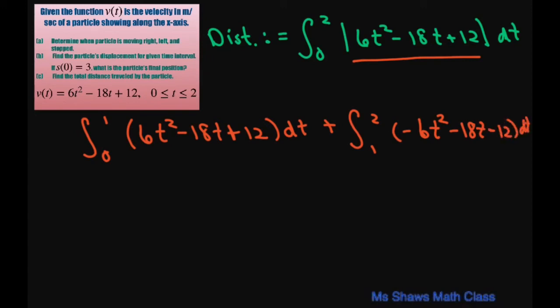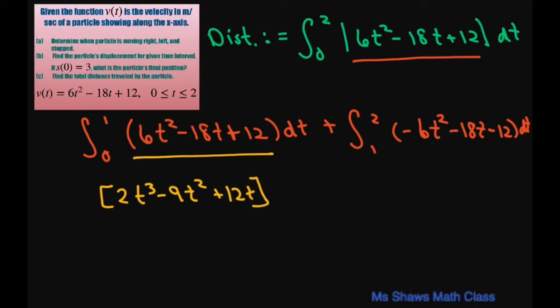All right. And then we integrate. So we're going to use what we used before for this piece. That's going to be 2t cubed minus 9t squared plus 12t, and we're evaluating this from 0 to 1, plus, and then we have this piece here.